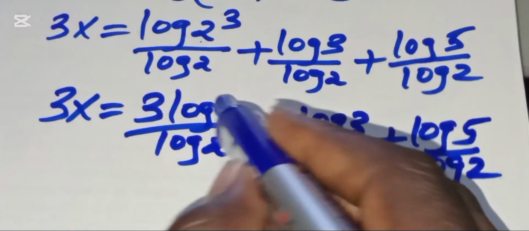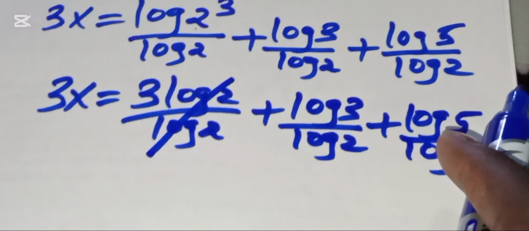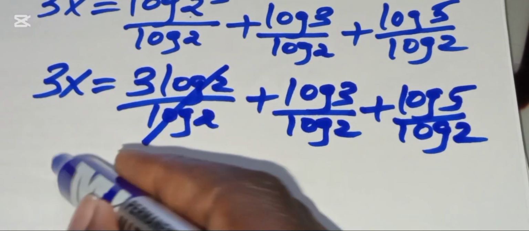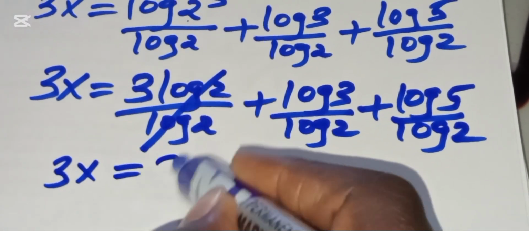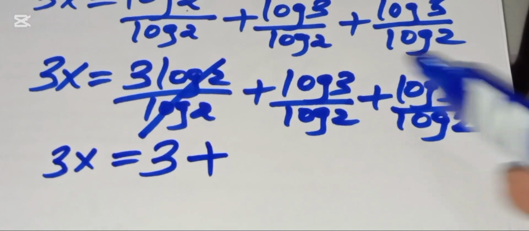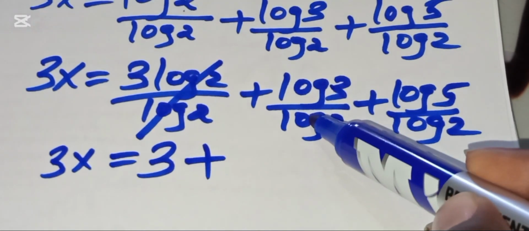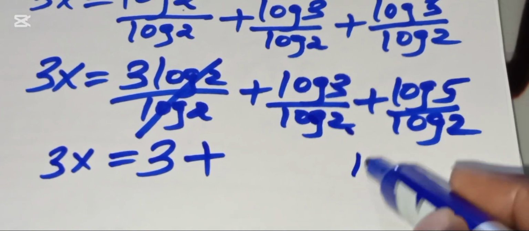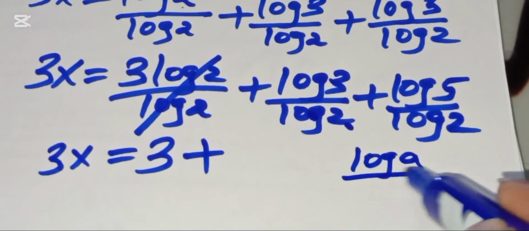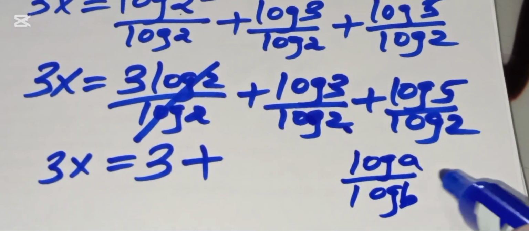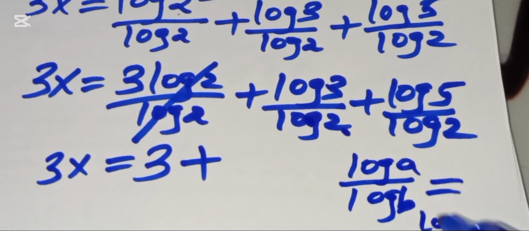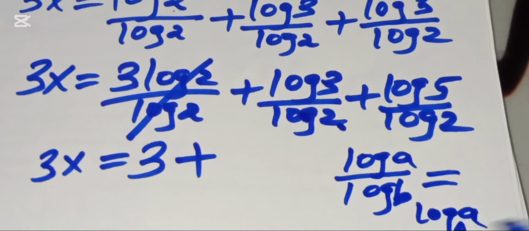Now let's simplify this. Log 2 and log 2 simplify, so we'll have 3x equal to 3 plus log 3 divided by log 2. This is in the form of log a divided by log b, which is essentially equal to log a to base b.